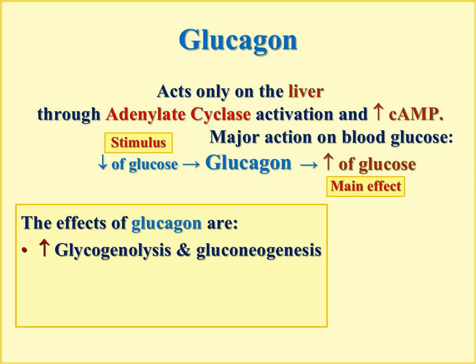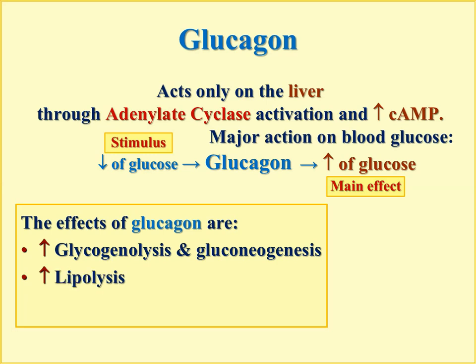First, it increases glucose level by stimulation of the process of glycogenolysis and also gluconeogenesis. It means that glycogen is split into glucose, and also new glucose is formed from non-carbohydrate sources, which mostly are amino acids.